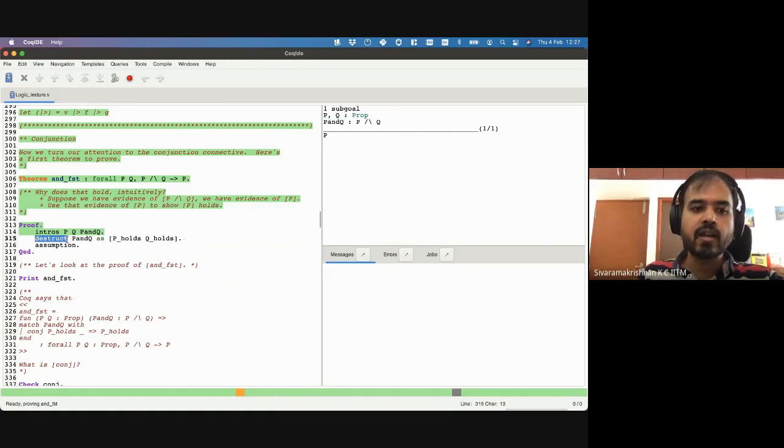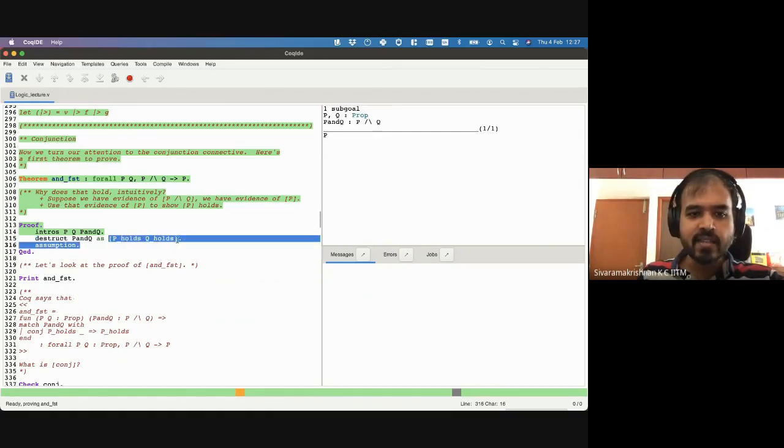Recall that earlier we had used destruct for case analysis: we said destruct list and we get an empty list and a cons list. What we are using destruct for here is to destruct the 2 proofs that we have in the conjunction.